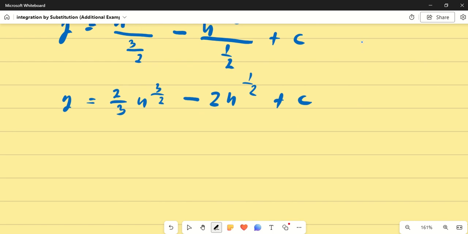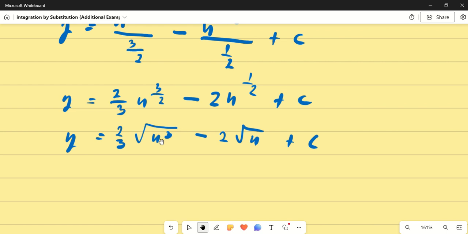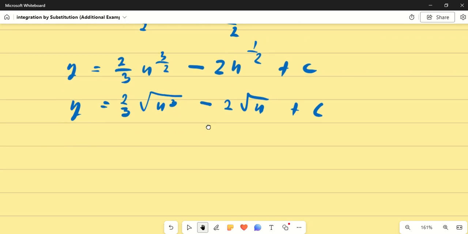Then you need to write your exponential expressions here back to its radical form. So you'll be having 2/3, then square root of u raised to the 3rd power minus 2 square root of u plus the arbitrary constant c. You need to simplify your u raised to the 3rd power here.